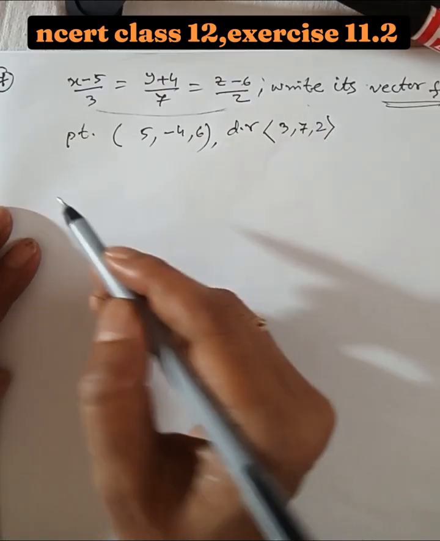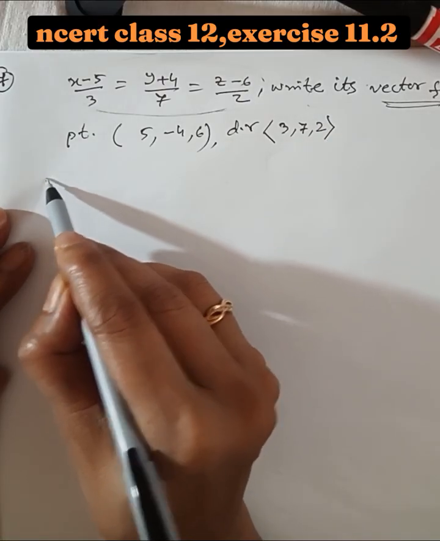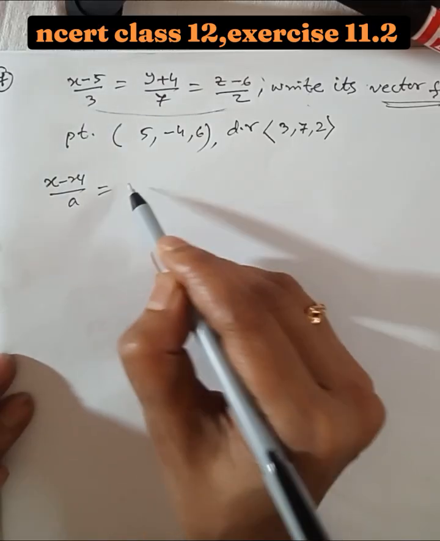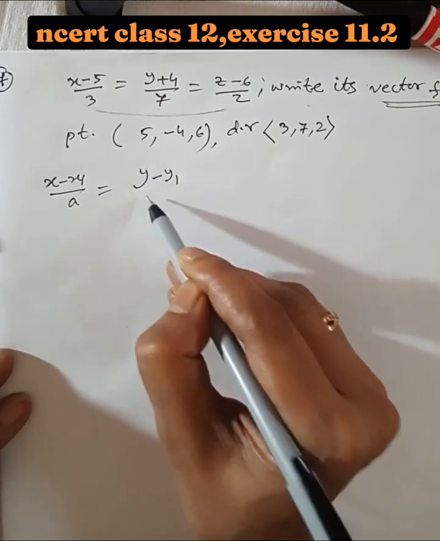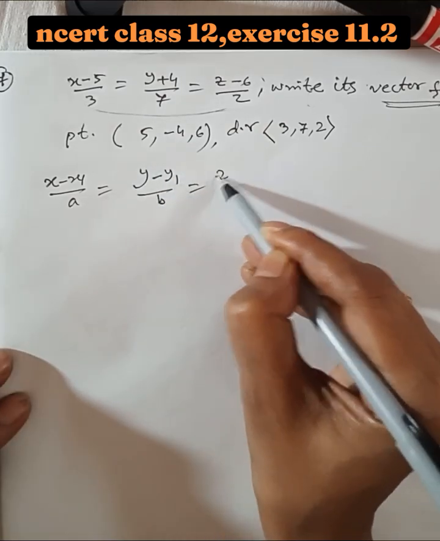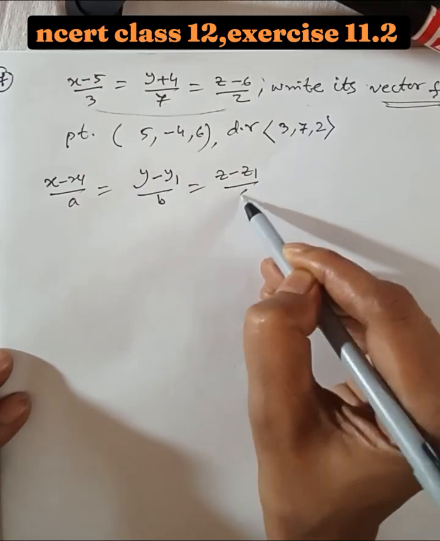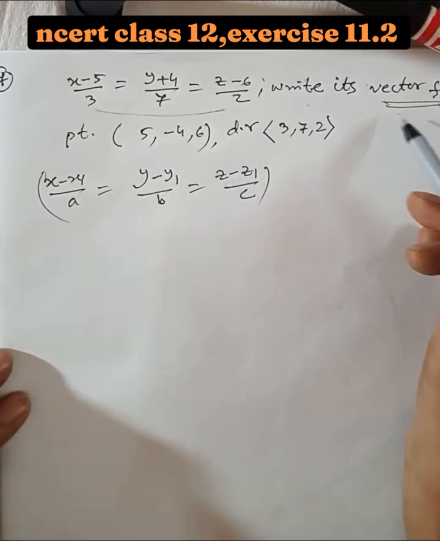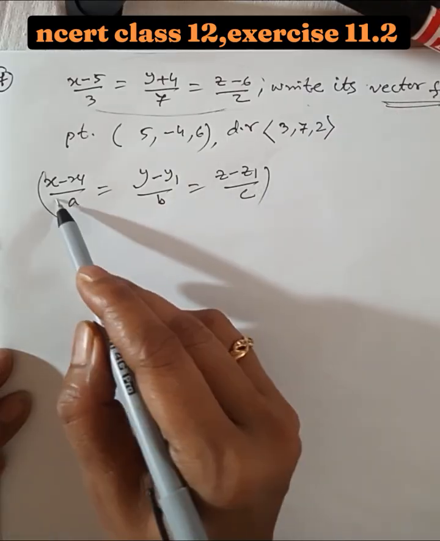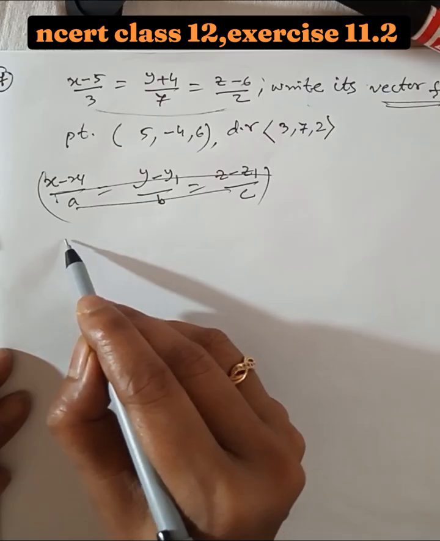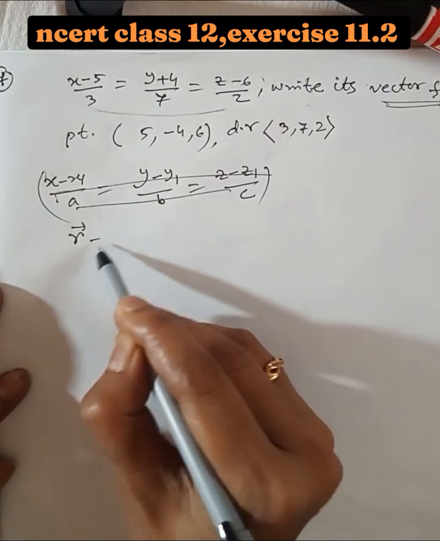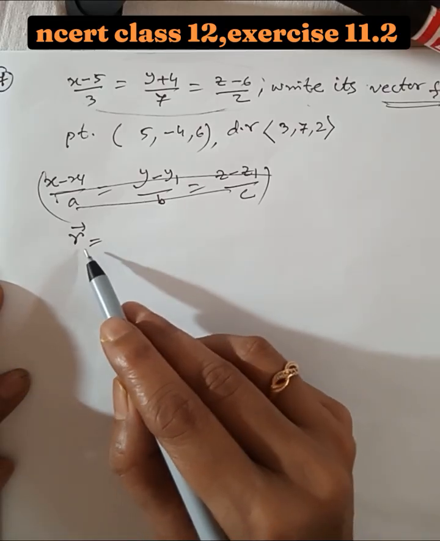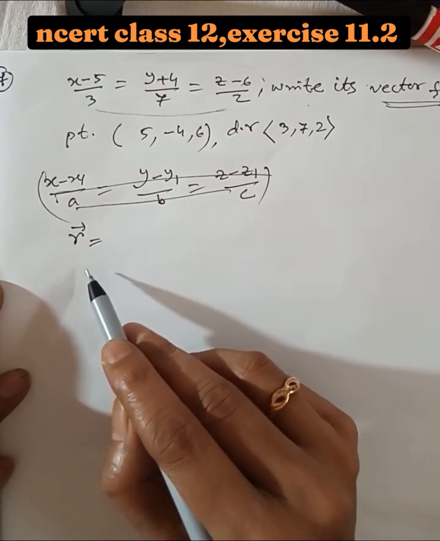So for the equation in vector form, we know the formula is (x minus x1)/a, (y minus y1)/b, (z minus z1)/c. This is Cartesian, and we find its vector form. In vector form, r is the position vector of a variable point (x, y, z).